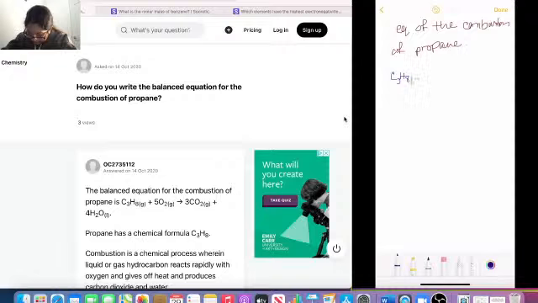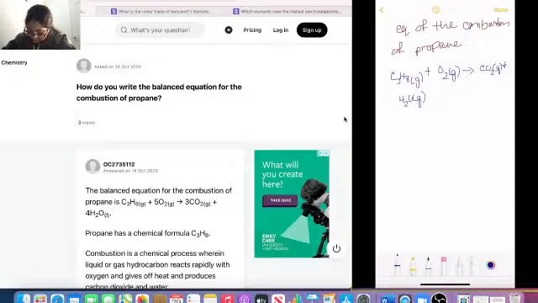This is a gas, okay, and this will react with oxygen, okay, and this would produce carbon dioxide and water. Okay, so you have carbon dioxide gas and you have water. Okay, and so now we just have to balance the equation right here.